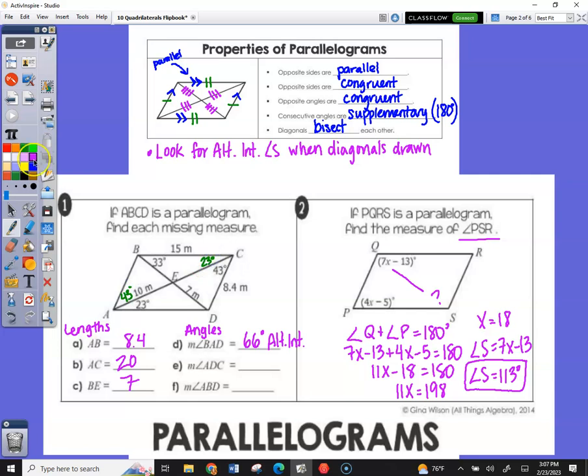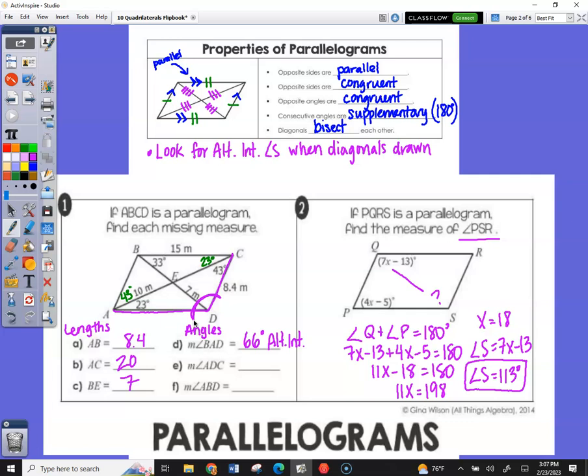All right. Now find angle ADC. Trace your eyes over angle ADC. So this, right? So that whole angle.